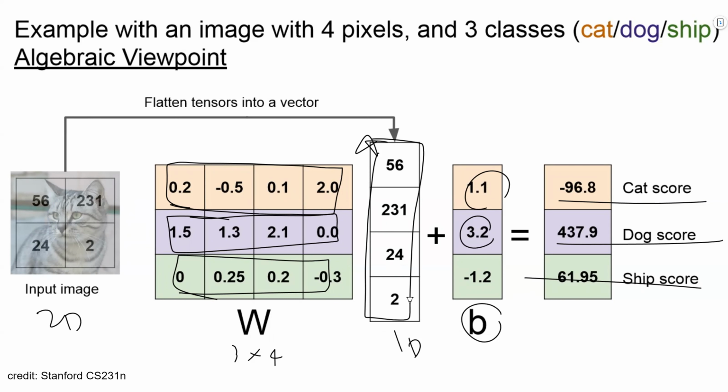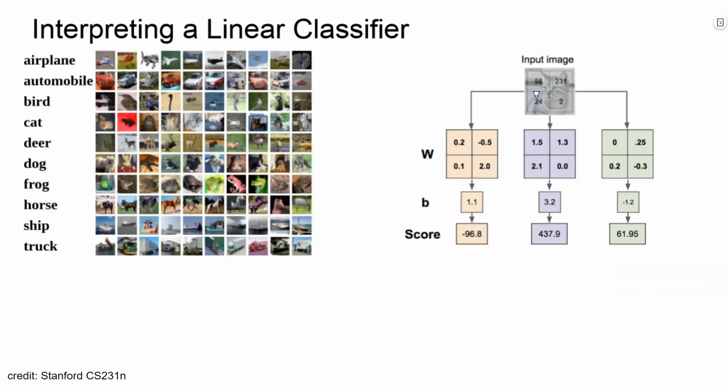However, we can reverse this process, making this 1D vector into 2D back, and we can do the same thing for our parameters. What we are actually doing is similar to this: the input image is 2 by 2, and the first W is also 2 by 2.